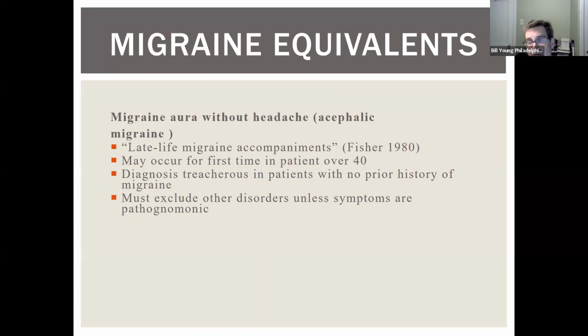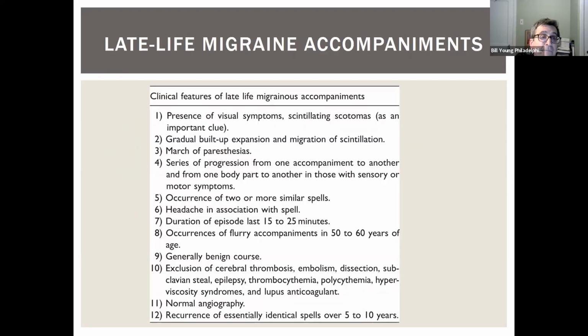About 5% of people who go to the ER for a stroke actually have a migraine. And these late life migraine equivalents, which generally don't have any headache or much of a headache that follows, often have visual symptoms, but may not, but they do grow or expand, or they can spread.